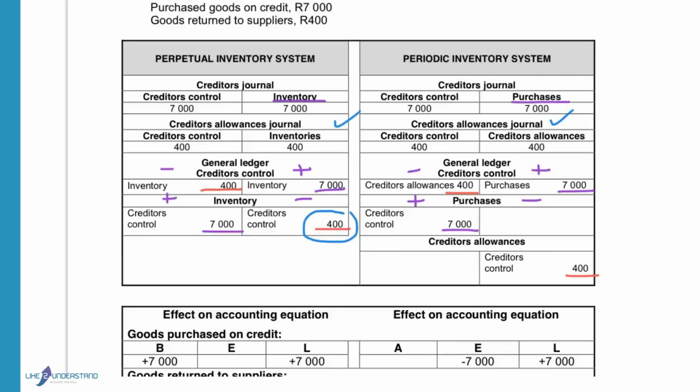In the periodic system, you will have a creditors allowances account because this creditors allowances will decrease your purchases. So purchases decreases profits, and creditors allowances decreases the purchases and will therefore increase the profits.